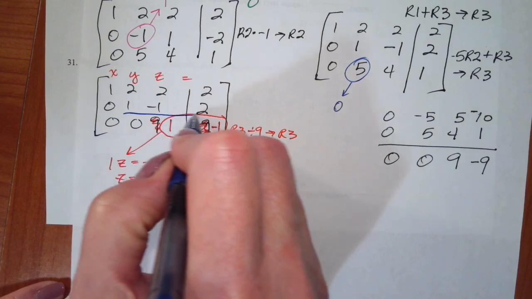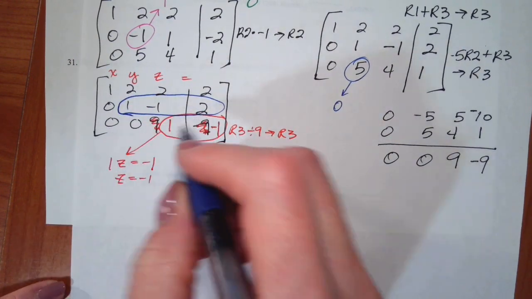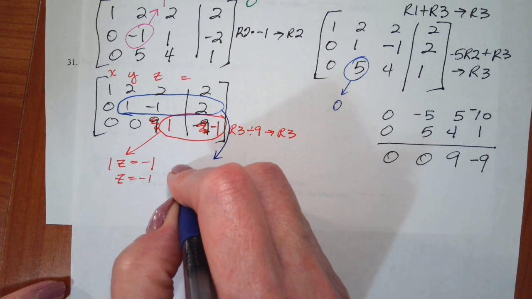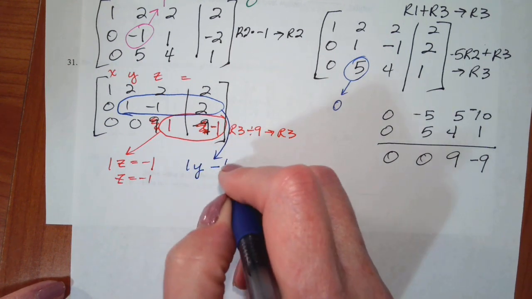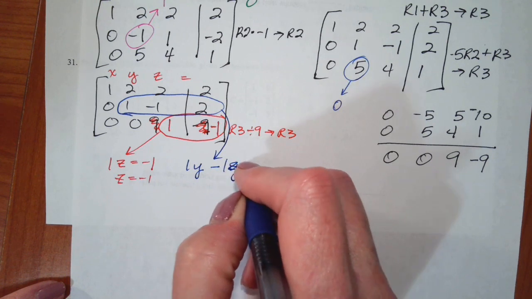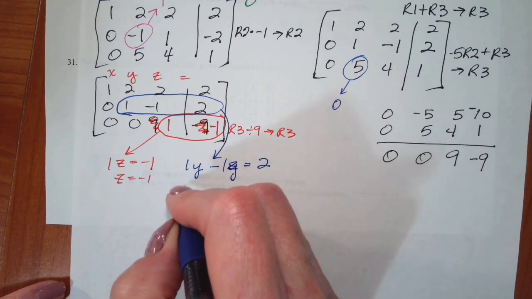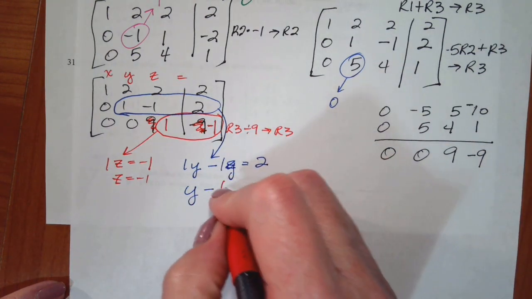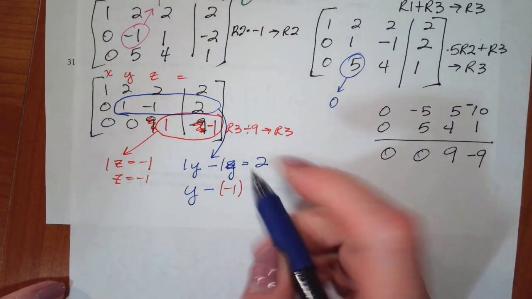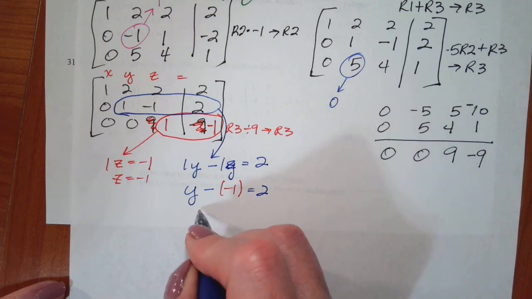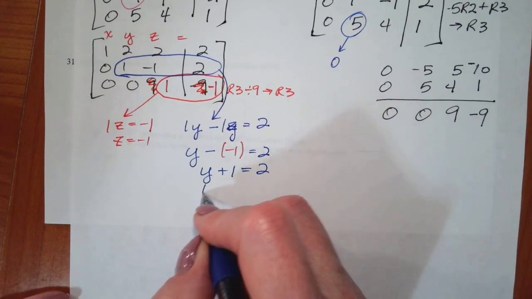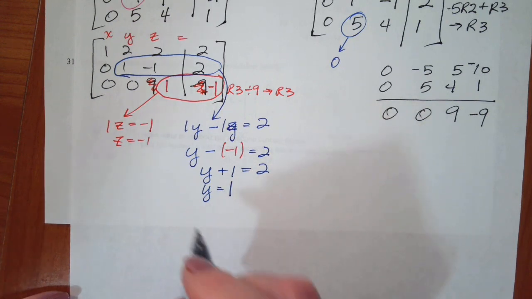Then I'm going to work my way up. This tells me that 1y minus 1z is equal to 2. So y minus negative 1 is equal to 2, so y plus 1 is 2, so y equals 1.